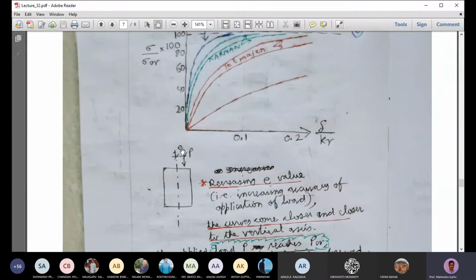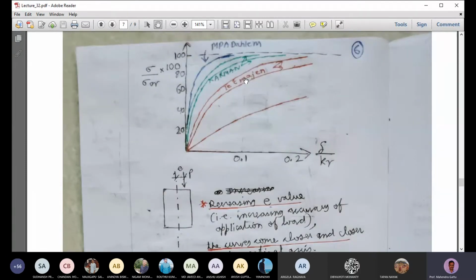So they have tried to reduce the eccentricity of the loading. This one has reduced it to a certain extent, Karman has reduced it to a very great extent, and Dalam has reduced it to a still higher extent. So P was very close to this for the blue curve. The green points were probably a little to the right, and red was still farther right. This one is the farthest from the center line.